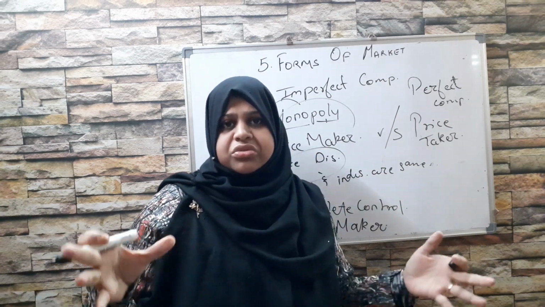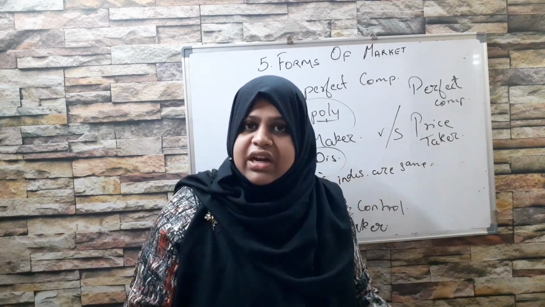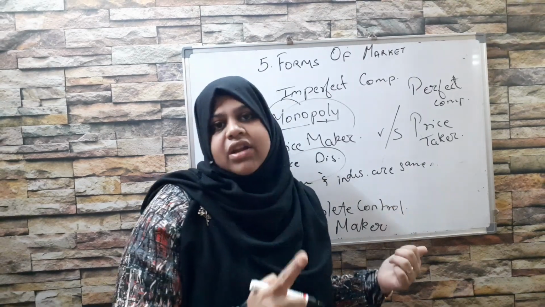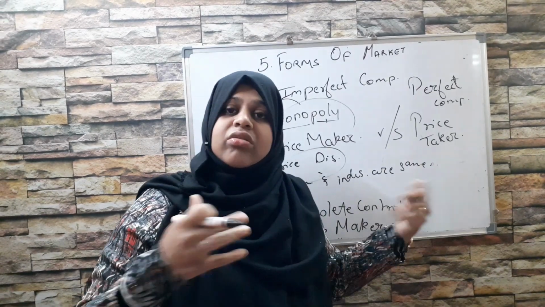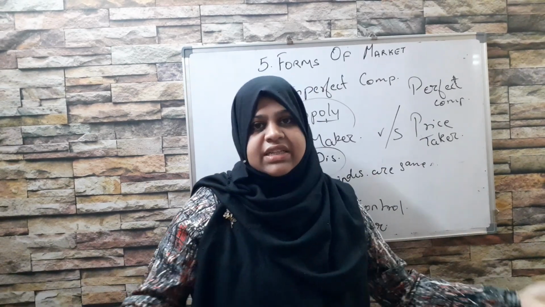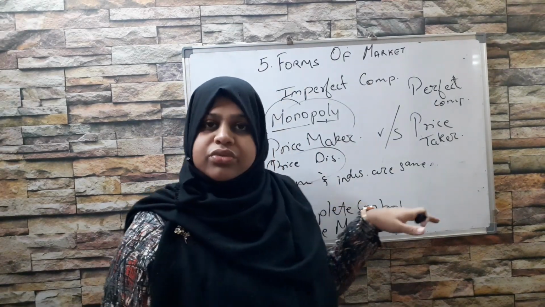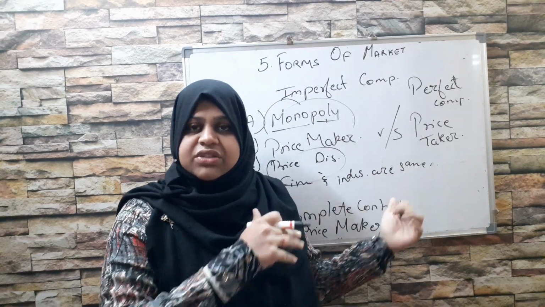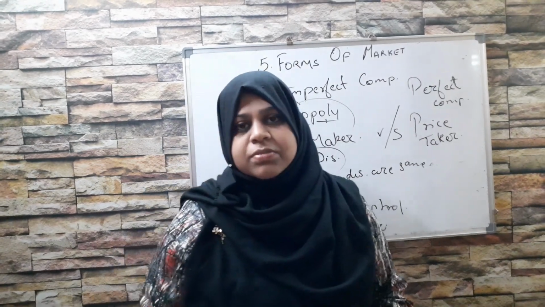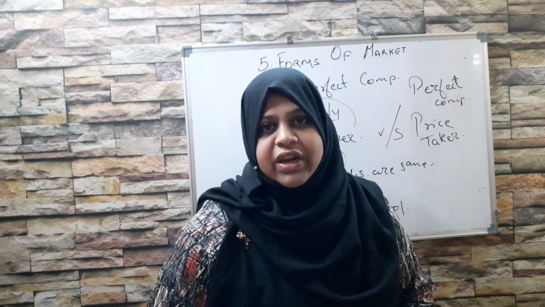Usually a firm is a part of an industry, but because he is the only player in the industry, he is the firm. He is the producer, he is the seller himself. So this point is also very important. With this we come to an end of the features of monopoly.